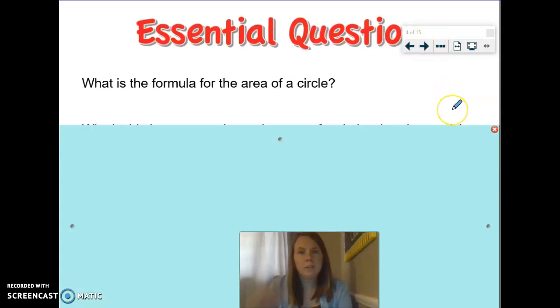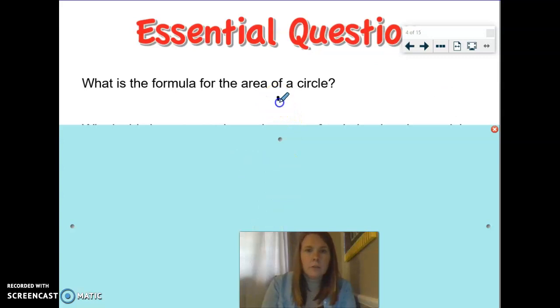All right, so kind of our essential question, I've got a couple questions here that we're going to talk through. So one of the biggest things about doing your volume formula is being able to do the formula of the area of a circle. And I could see evident from a lot of people's quizzes that we're failing to remember which formula is what. Remember that your area formula is going to only use the radius, okay?